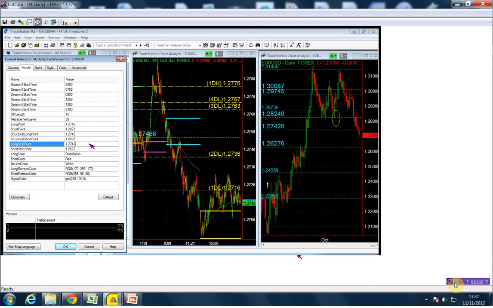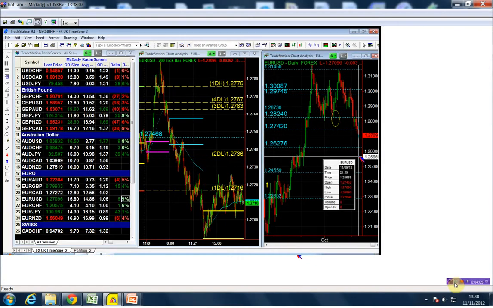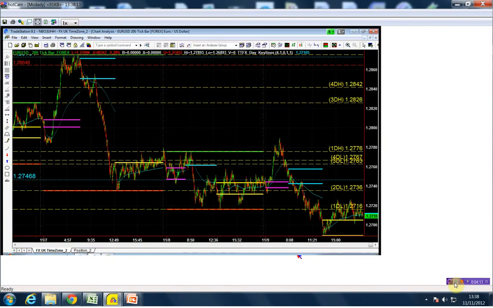Okay, on the short side, all we need is just the low of the day. So if it takes out the low of the day, we're going to take it short, and the low of the day is the 126.89, which is right there.